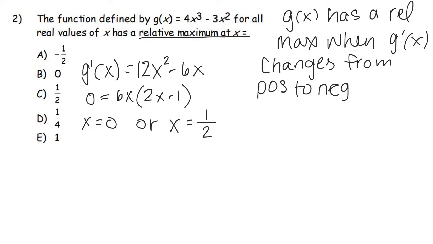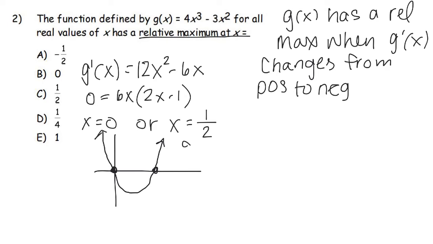Now, a lot of places tell you to do a number line, but we focus a lot on graphs, and so I would just graph this derivative. We know we have a critical point here, which is going to be an x-intercept, and also over here at 1/2. So I would just do a quick little sketch of my derivative.